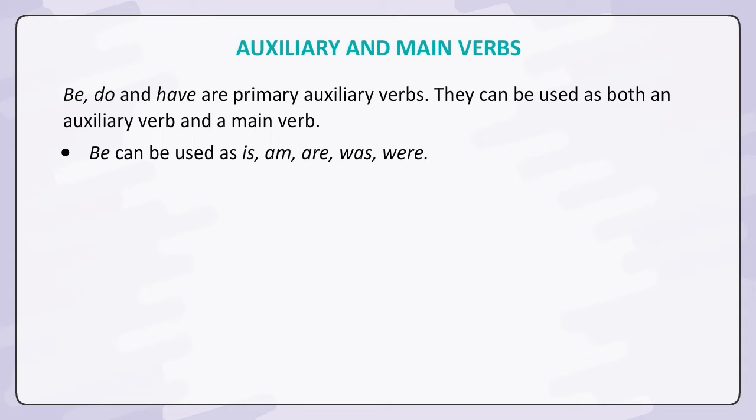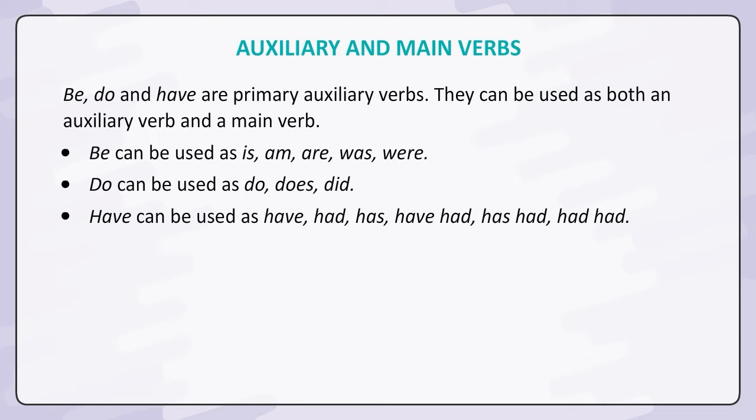Be can be used as is, am, are, was, were. Do can be used as do, does, did. Have can be used as have, had, has, have had, has had, had.